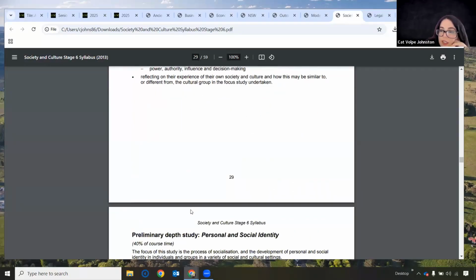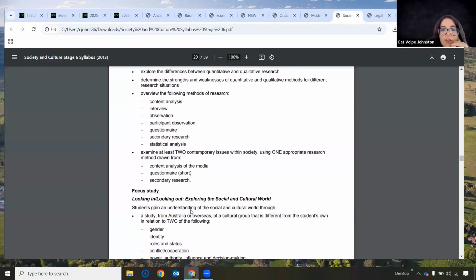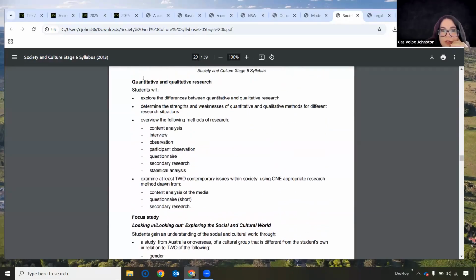Now you'll notice that in each of the units of work, there is a section on research methods. So you'll notice in this unit, the first unit, there's a focus on quantitative and qualitative research overall.